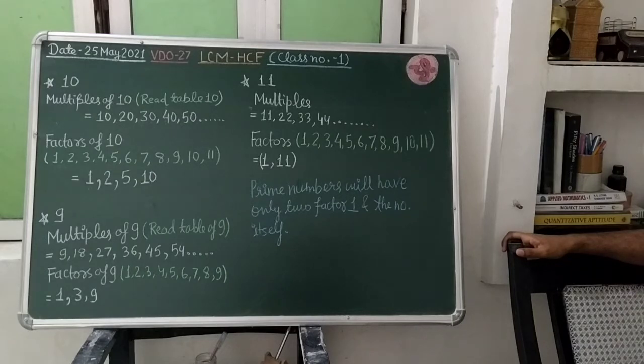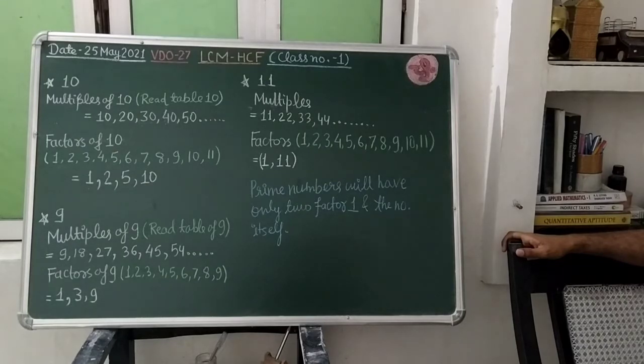Factors of any number are those numbers which divide the given number completely. And when are we talking about a prime number? A number greater than 1 which is divisible by 1 and itself only.